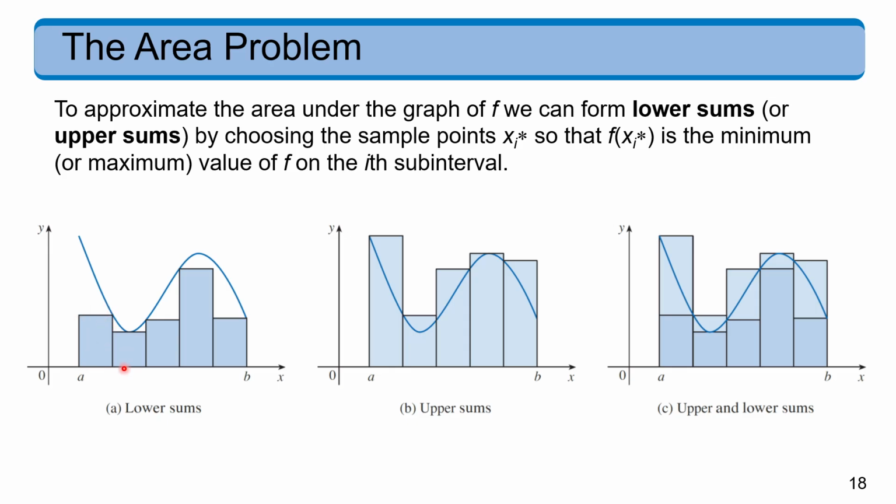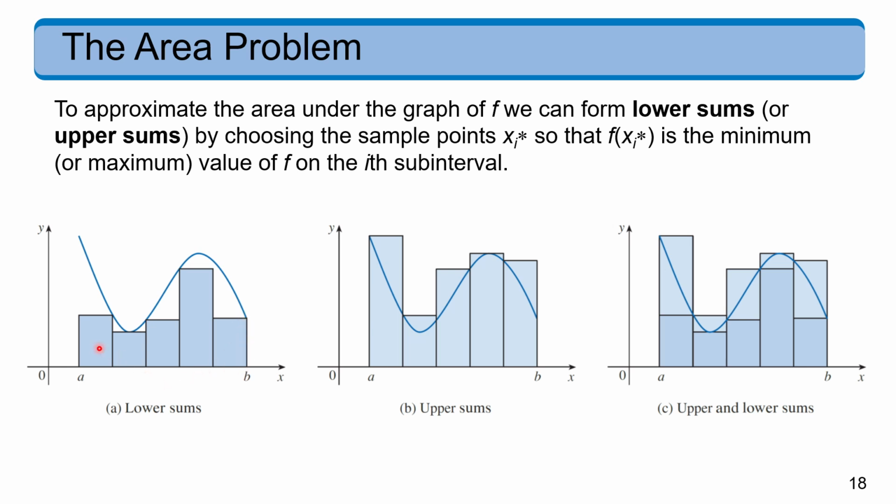Now moving to the second interval, the shortest one comes by this point here, a sample point that's about in the middle of that subinterval. If we had chosen the left endpoint, it would have been a taller rectangle. Continuing on, the third one is shortest by choosing the left endpoint. And if we skip to the last one, it's the shortest rectangle by choosing the right endpoint.